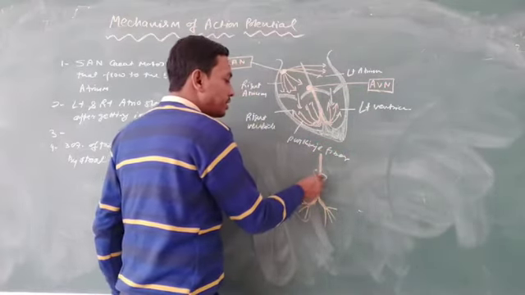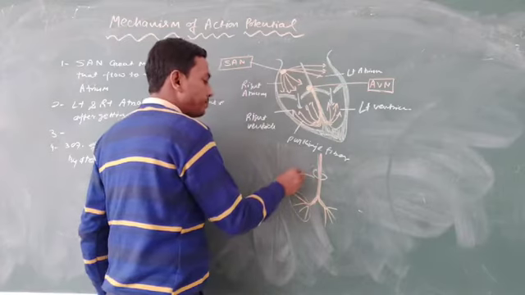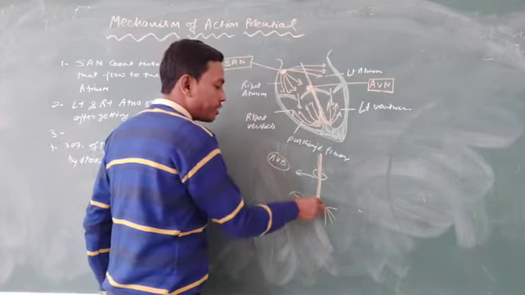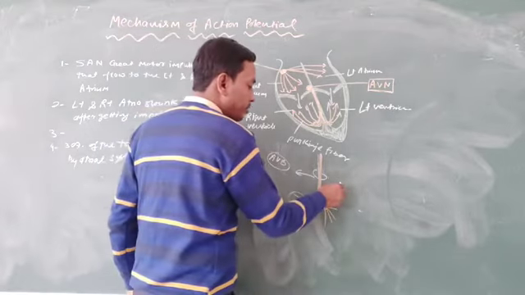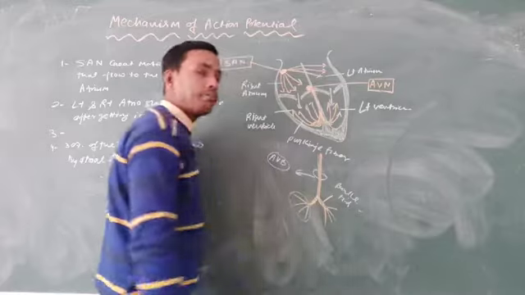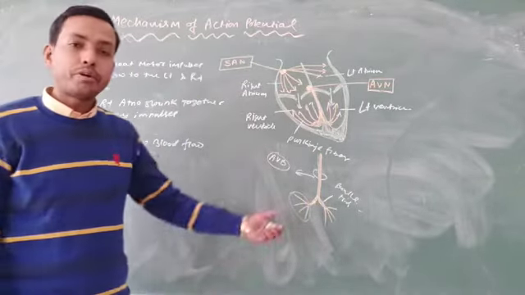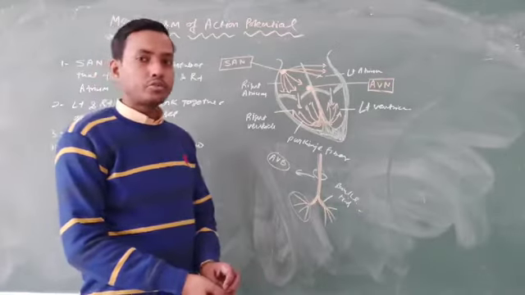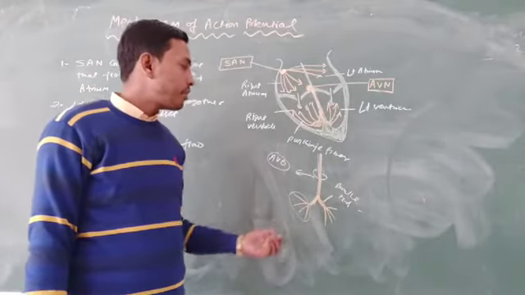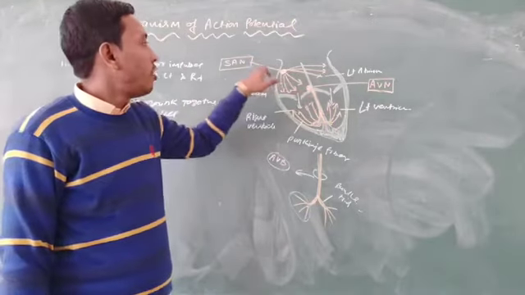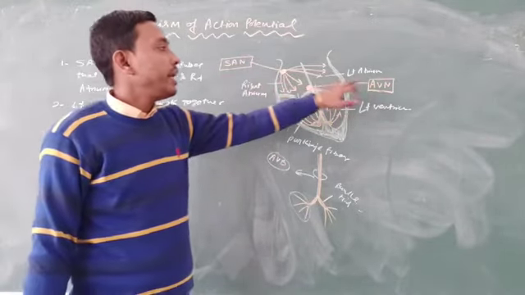And the main bundle is the atrioventricular bundle, and the bifurcated bundle is known as the bundle of His. It may be asked in competitive examinations. This is a very important part of NEET as well as other competitive examinations. So let us talk about the impulse after generation by the sinoatrial node.